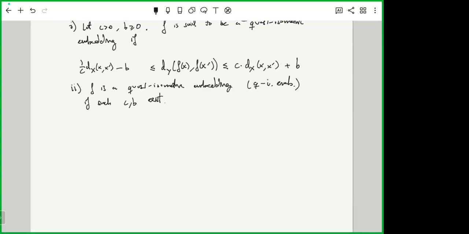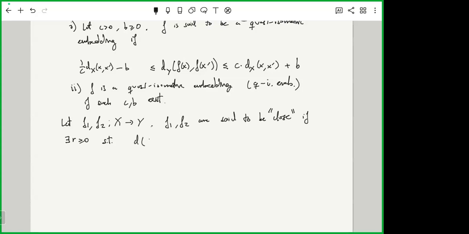Let F1, F2 be two maps from X to Y. Then F1, F2 are said to be close to each other, or have finite distance, if there exists some constant which dominates the difference between the two of them.